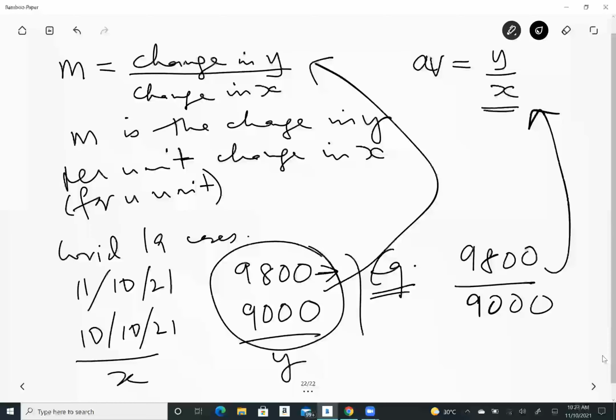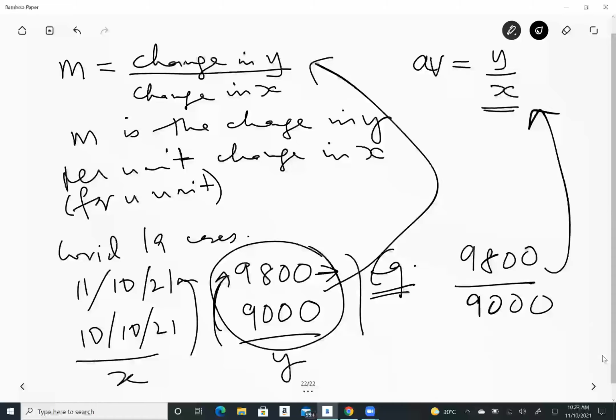So in order for us to measure the change, you have to have two values of x and two values of y, so that you can do the subtraction.